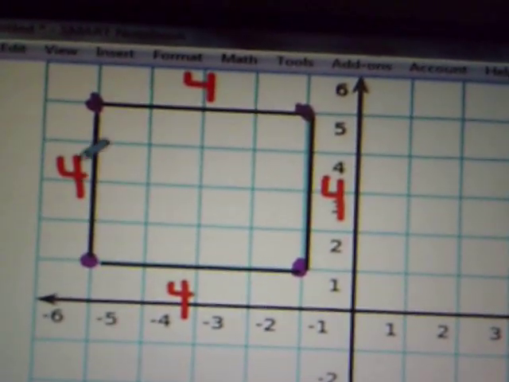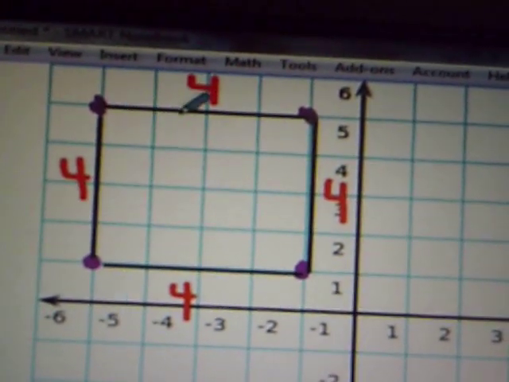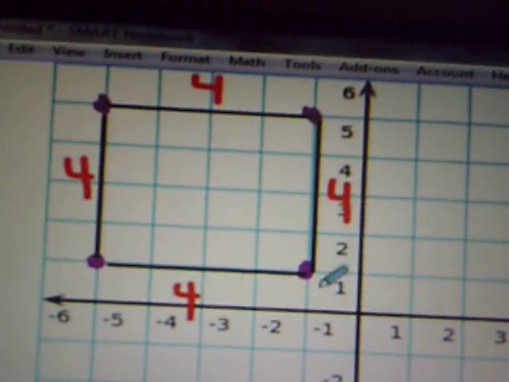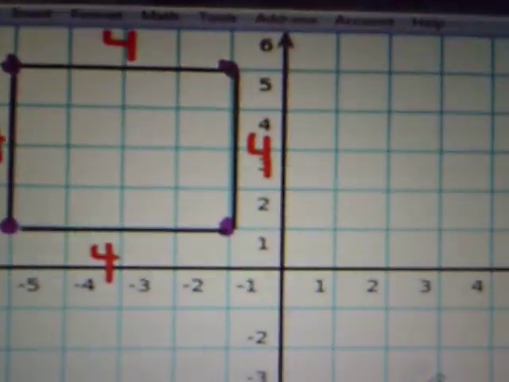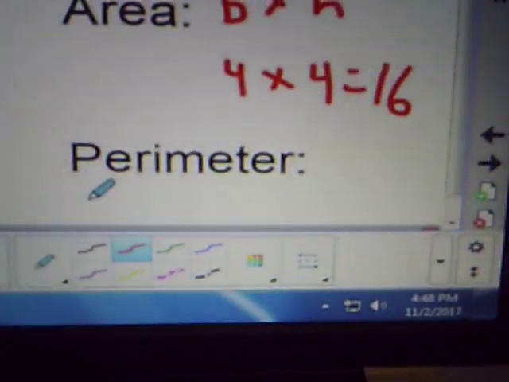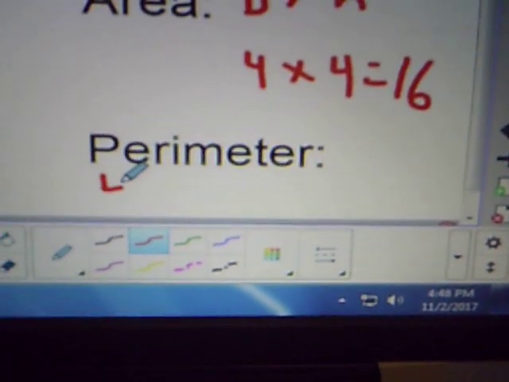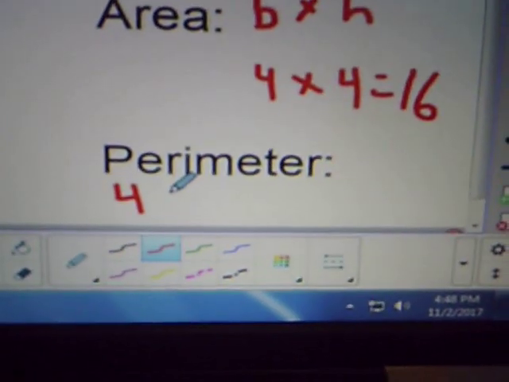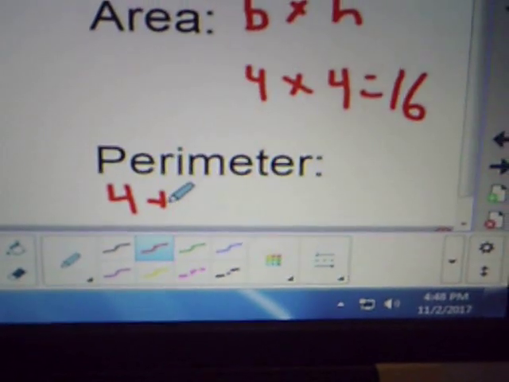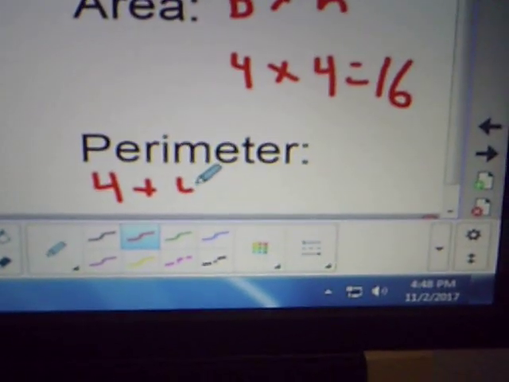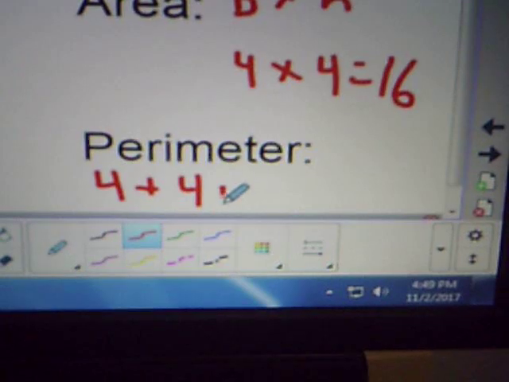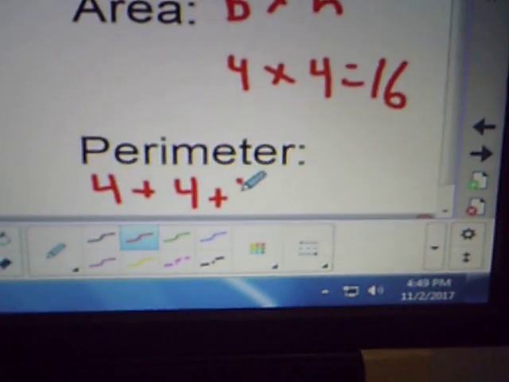Well, they walked 4 units here, plus another 4, plus another 4, plus another 4. So we just add all the side lengths together. There's 4 sides to a square, so we're adding 4 numbers. And coincidentally, just by pure chance, this happens to be 4s as well as the distances.